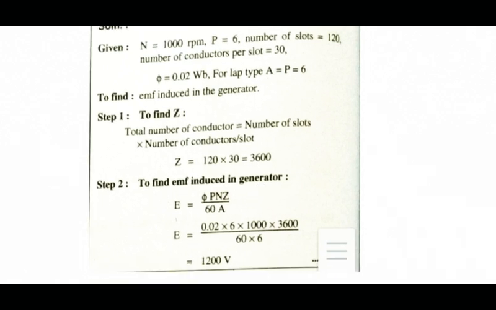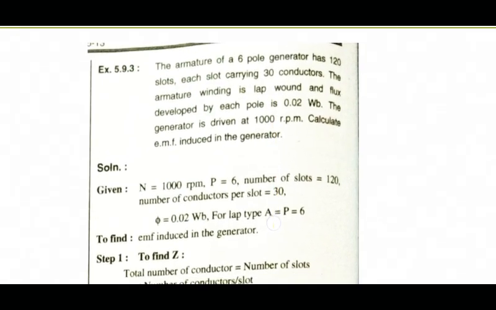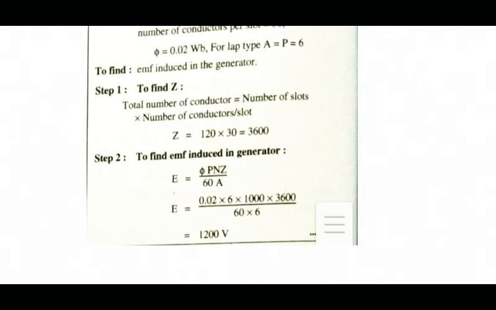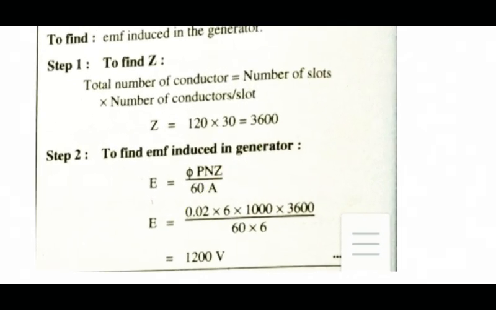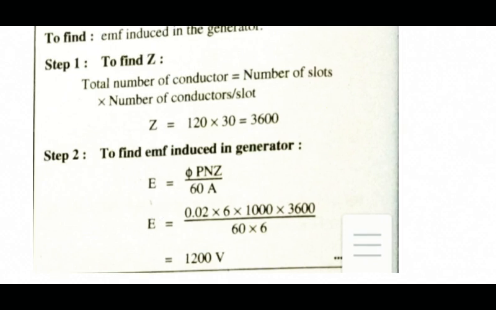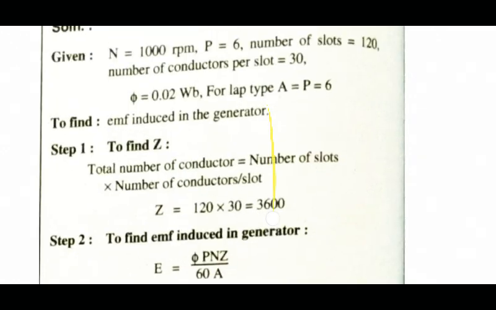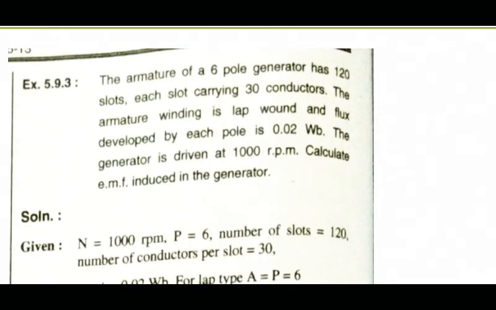So 120 into 30, by multiplying this we get 3600. To find the EMF induced in the generator, we know the formula. Putting the values in the formula, we get 1200 volt as the EMF induced in the generator.